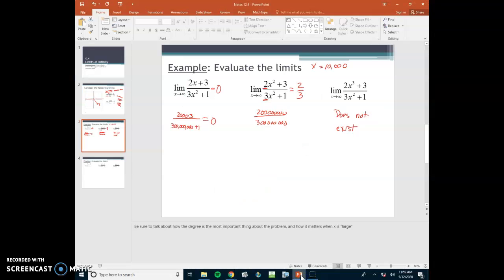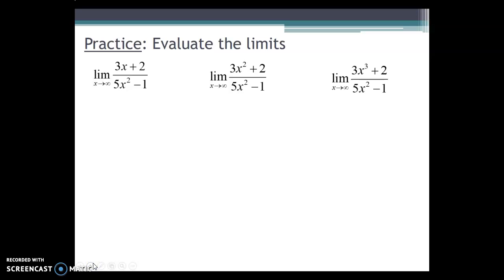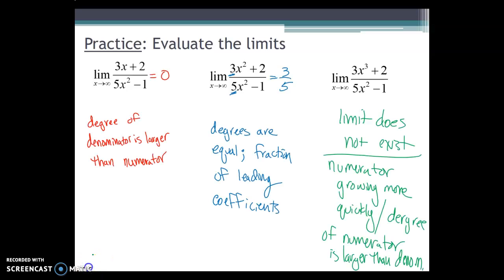Let's take a quick summary as well as an example. Take a minute and see if you can determine these 3 limits. Hopefully these are the 3 you came up with. The degree of the denominator is larger, so you're going to go to 0. The degrees are equal on the numerator and denominator, so the fraction of the leading coefficients is what's most relevant.